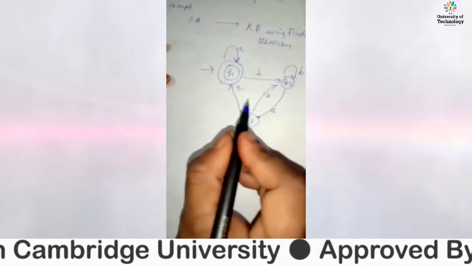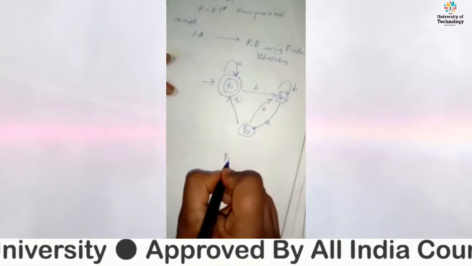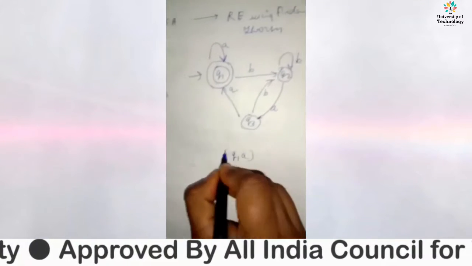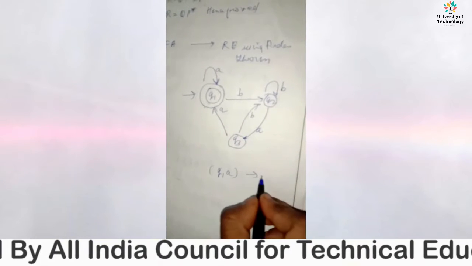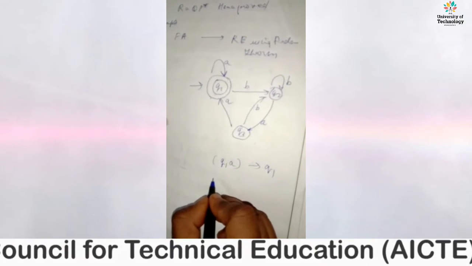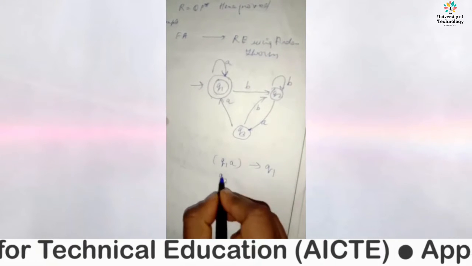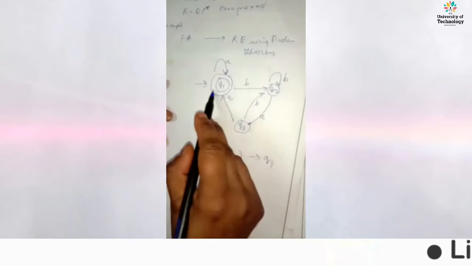Now we'll see how you can reach Q1. What are the various states by which you can reach Q1? Q1 can be reached from Q1 using A. Is there any way from Q2? No, there is no transition from Q2 to Q1.